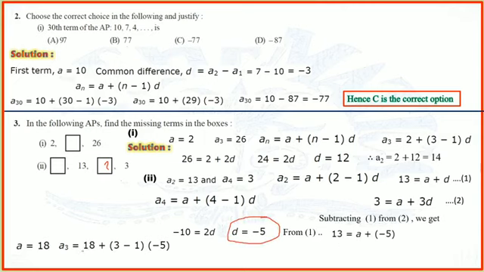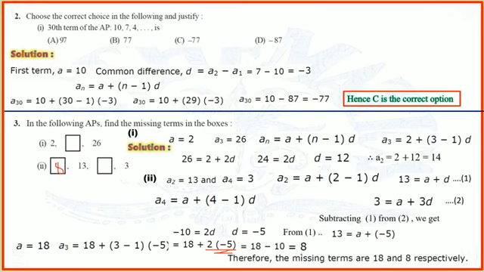So A3 is equal to 18 plus 3 minus 1 into minus 5. 3 minus 1 is equal to 2, and 2 into minus 5 is minus 10, so 18 minus 10, which is 8. Therefore the missing terms are 18 and 8.